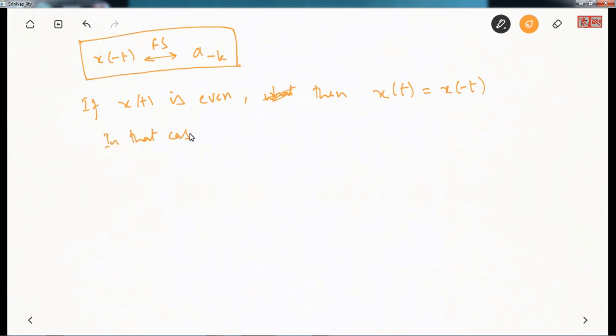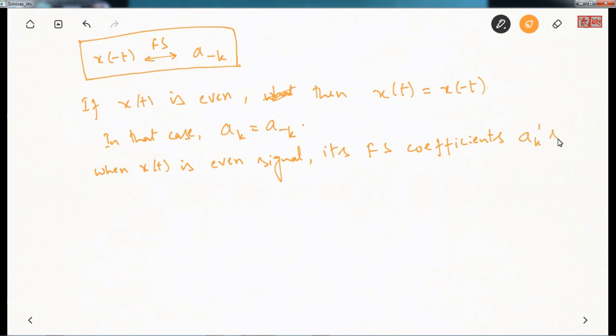So in that case, a k is equal to a minus k, right? That means, when x of t is an even signal, its Fourier series coefficients a k are also even.